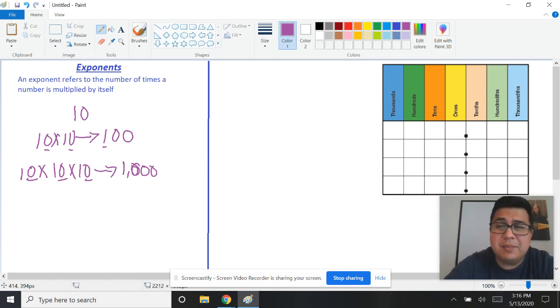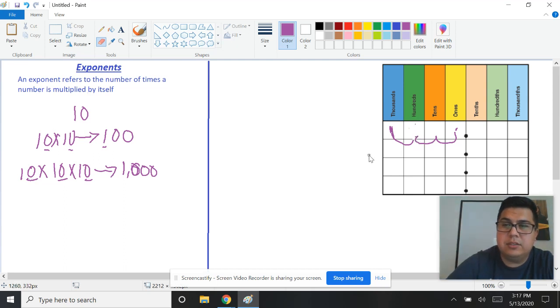Now, again, that's the same thing if we're thinking place value. We're just thinking as we're moving it over 3 times, right? So if we had 1, and we moved it over 3 times, 1, 2, 3, we have 1,000. So, did you catch Mr. Macia's mistake? 1,000, not 100. So moving over 3 times from the 1 gets you 1,000. Let me erase that right there so it looks right.